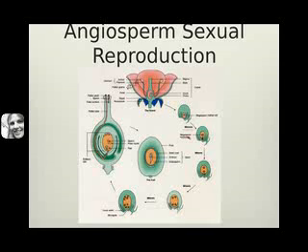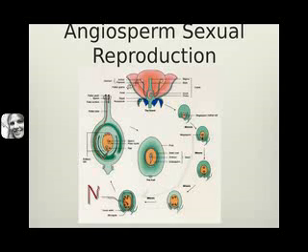The megaspore will divide mitotically a series of times. So we'll have this female gametophyte here with 8 nuclei, and the whole thing is haploid.